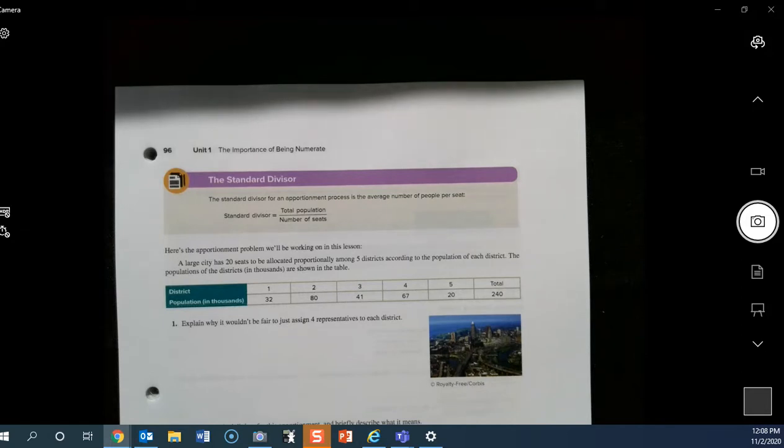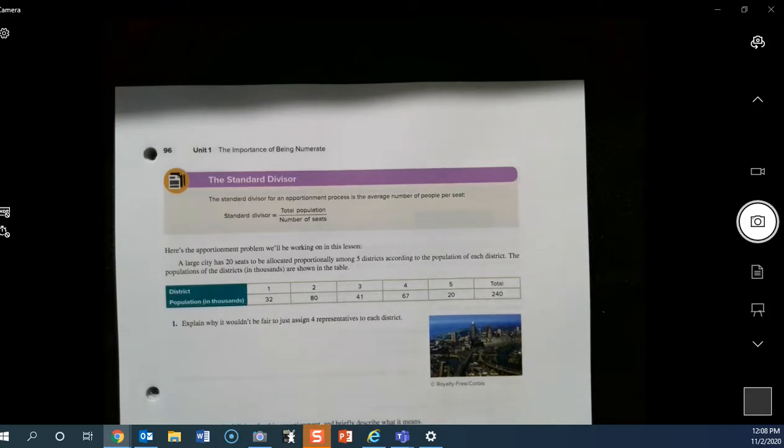Now, here's the apportionment problem we'll be working on in this lesson. A large city has 20 seats to be allocated proportionally among 5 districts according to the population of each district. The populations of the districts in thousands are shown in the table. Explain why it wouldn't be fair to just assign 4 representatives to each district.